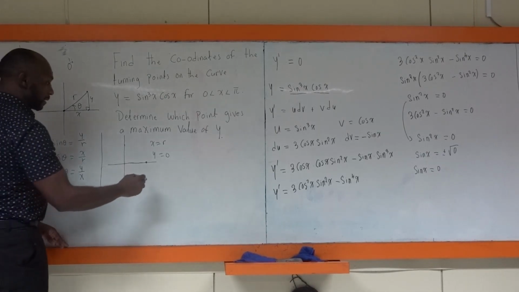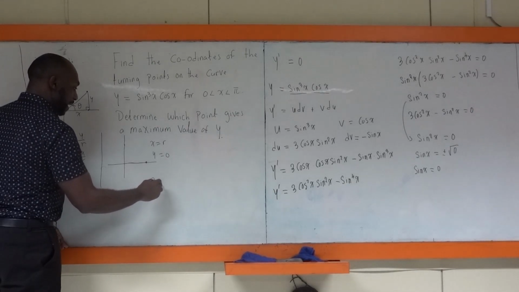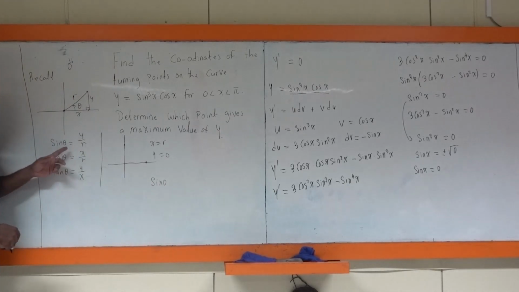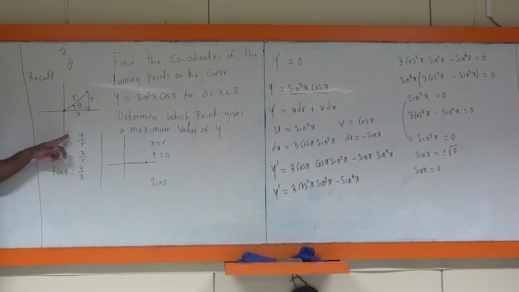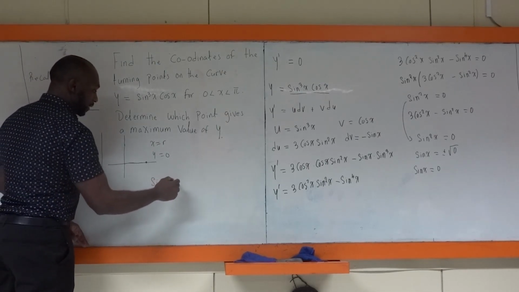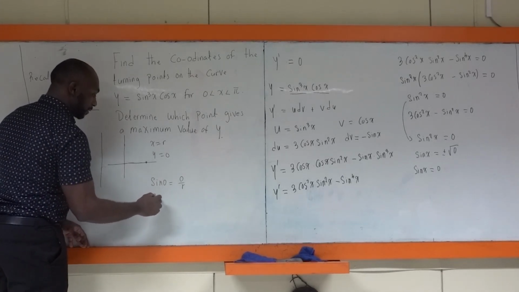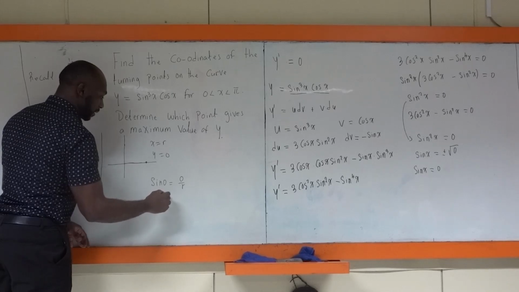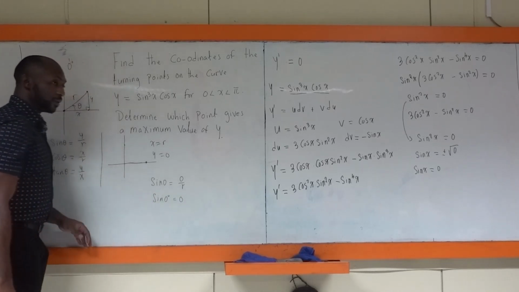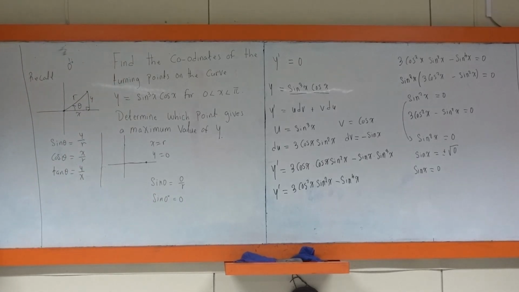It means that sine of the angle 0, and we know that the sine ratio is y divided by the radius. And we know that y is 0, so this is 0 over r. So sine of 0 degrees should be equal to 0.